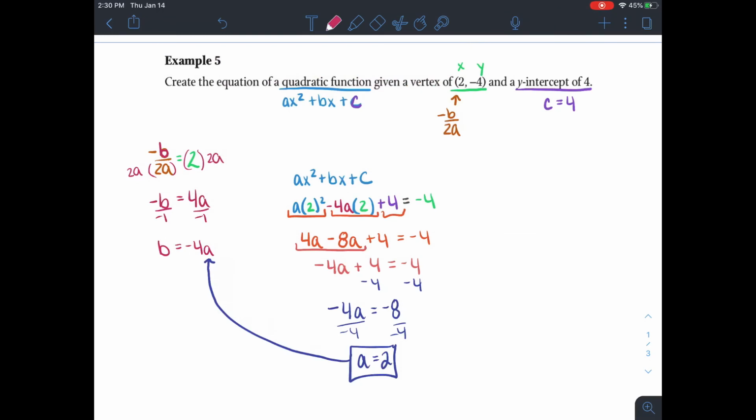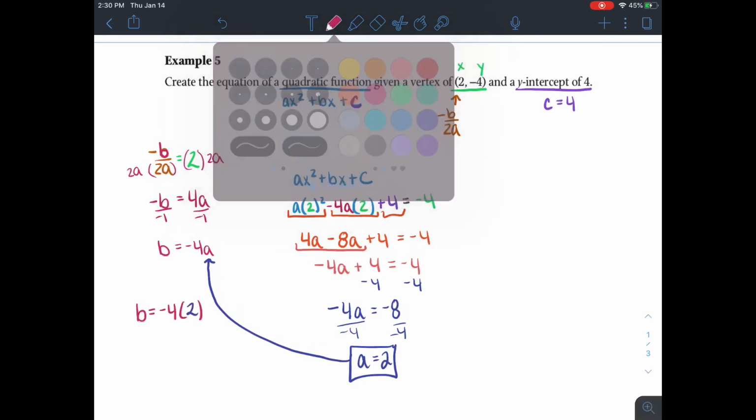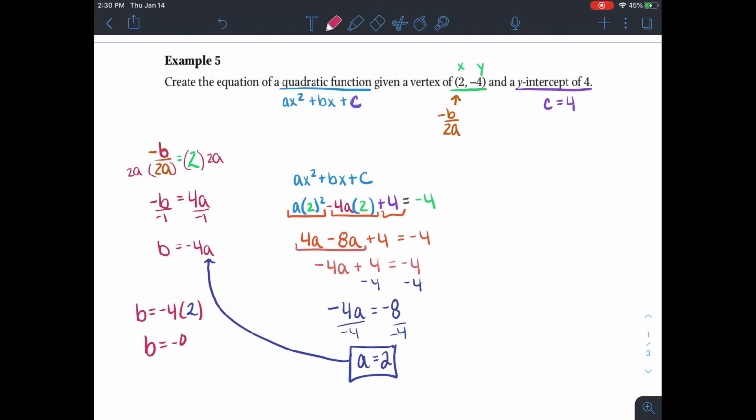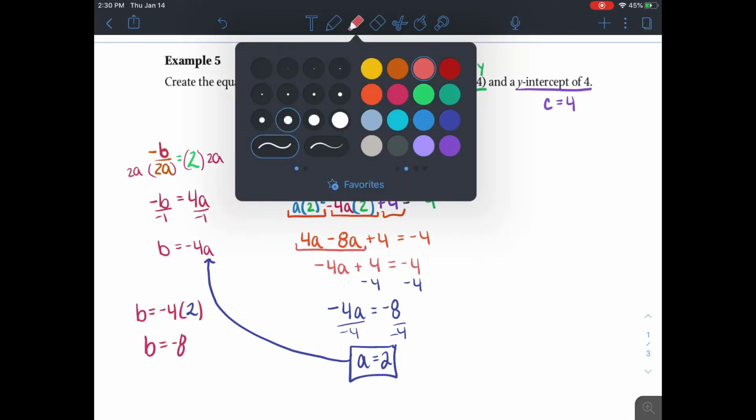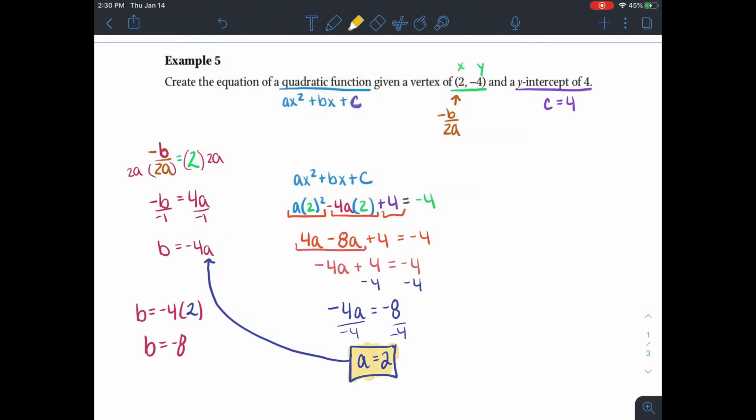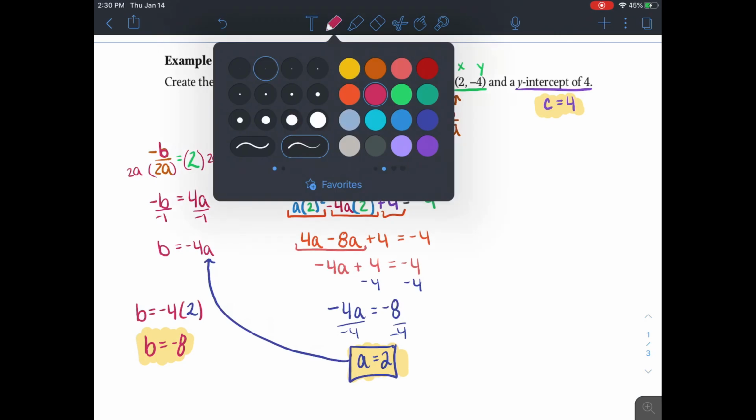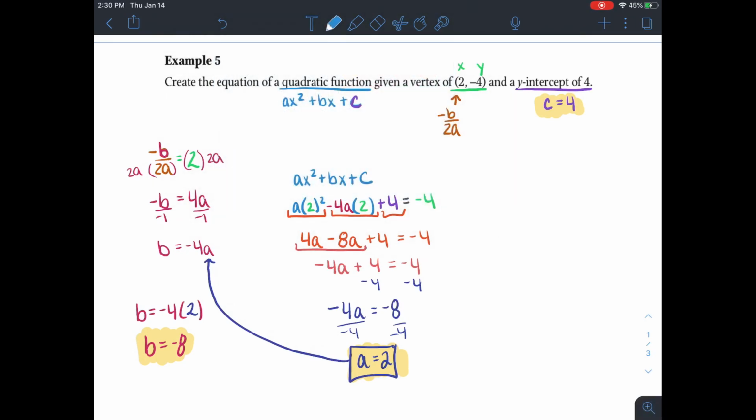So if we know that b equals negative 4 times a, we're going to replace that a value with the 2 we just found to find that b equals negative 8. So we have an a value of 2, a b value of negative 8, c value of 4, making our final equation. Remember, we're writing it in the standard form, ax squared plus bx plus c.